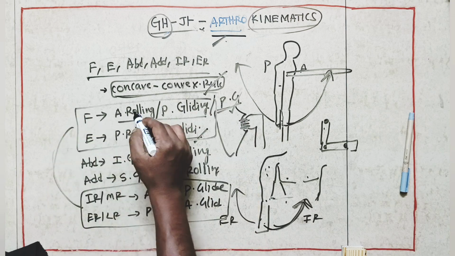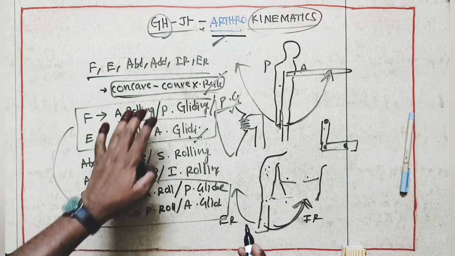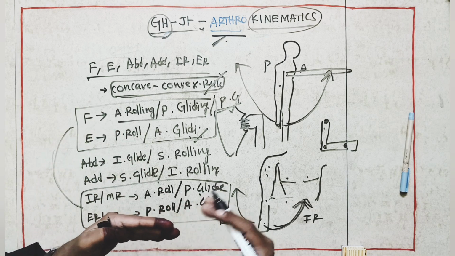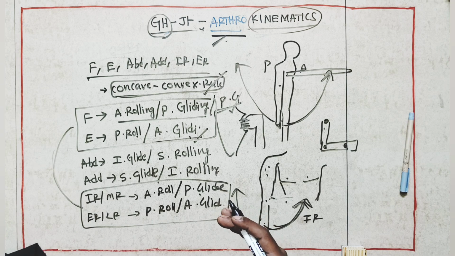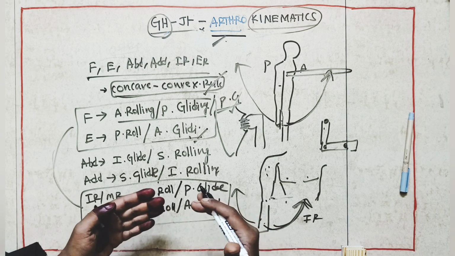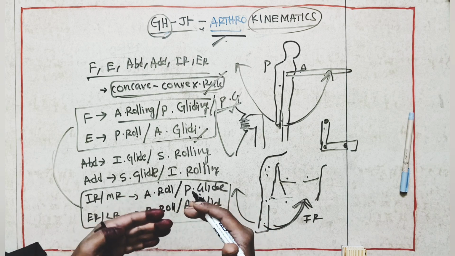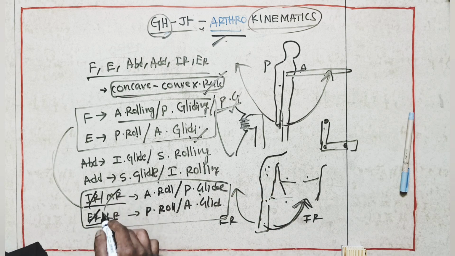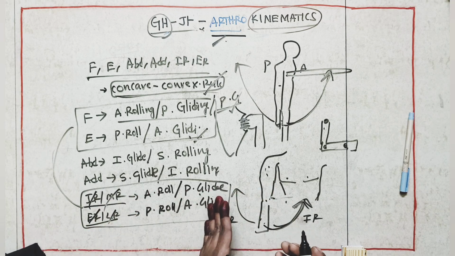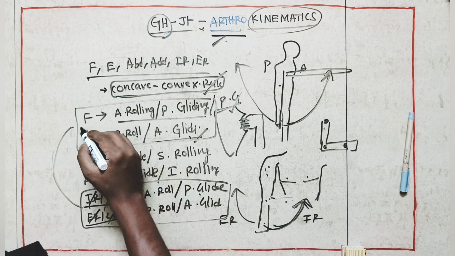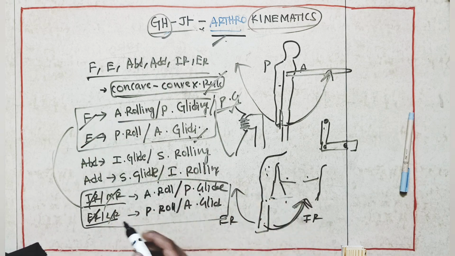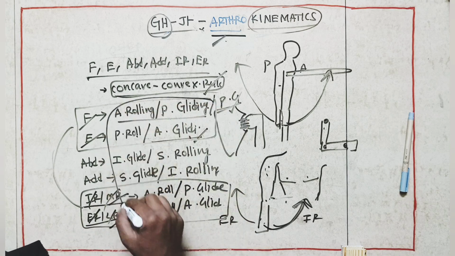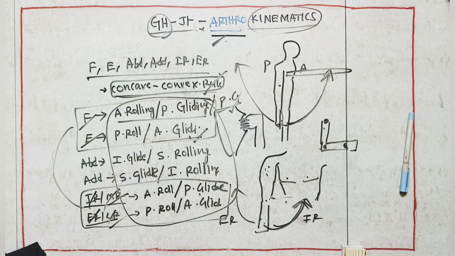That's why, while doing mobilization to the shoulder, we do not give separate gliding movements for internal and external rotation. If we give them for flexion and extension, internal and external rotation of the shoulder joint will automatically increase. So these are the arthrokinematics of the shoulder joint. Clear?